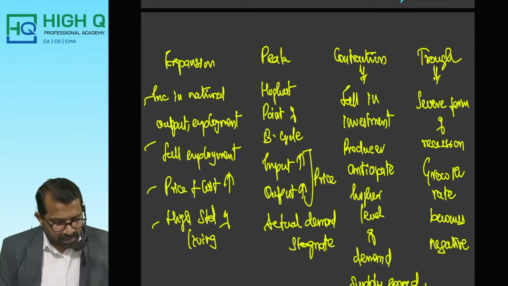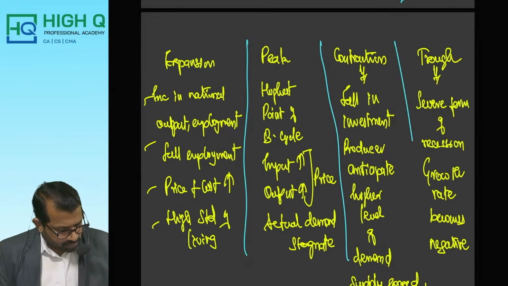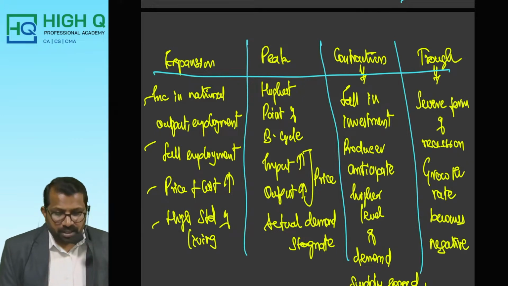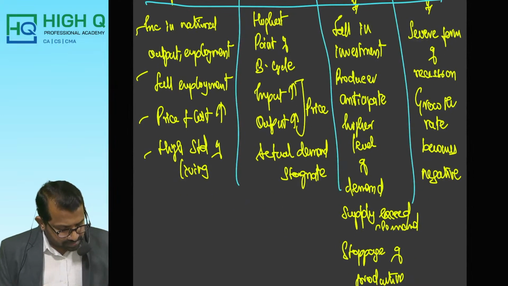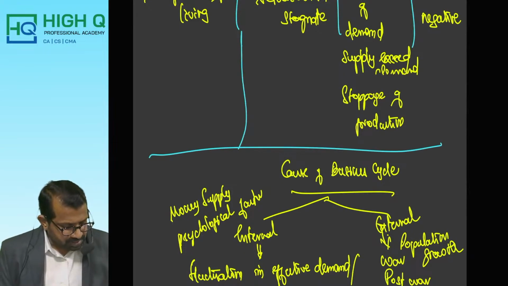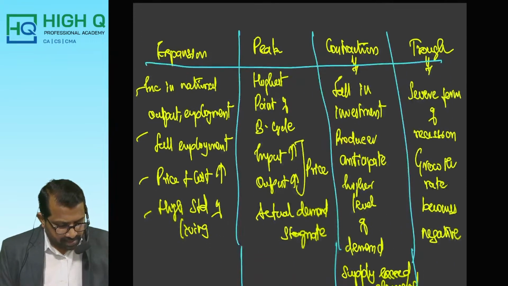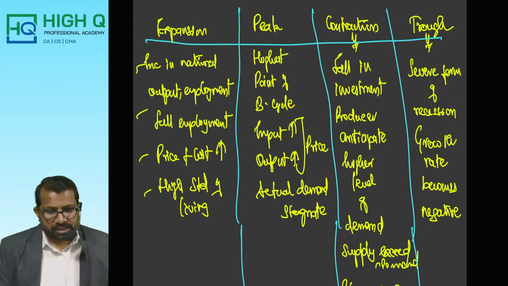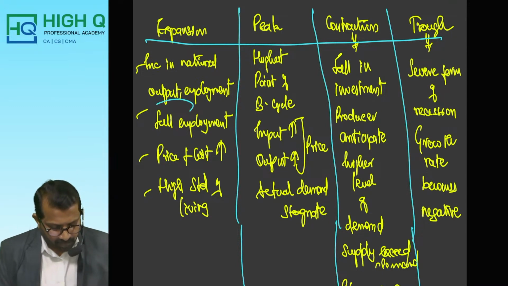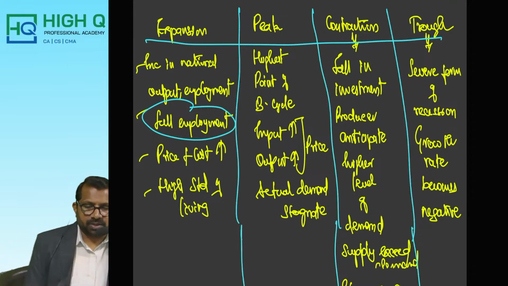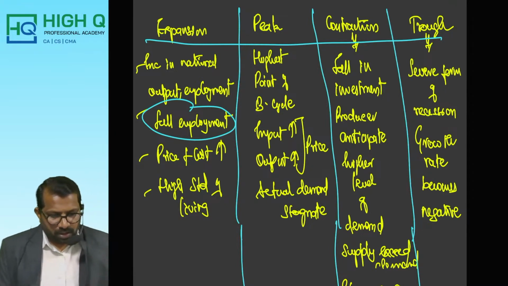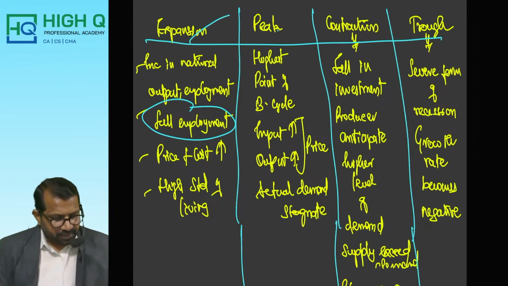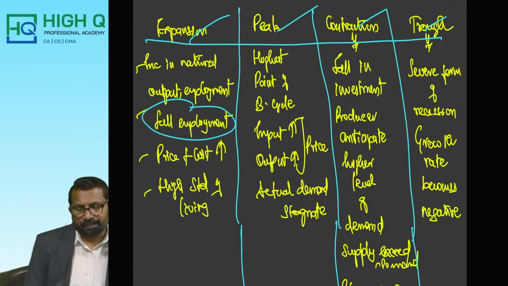Now just see here, there are 4 important points as I told already: expansion, peak, contraction, trough. This table is very important, because they will ask questions such as which phase of the business cycle full employment applies to. Full employment comes under expansion. Once you know the factors under the different phases of the cycle, only then can you mark the answer.